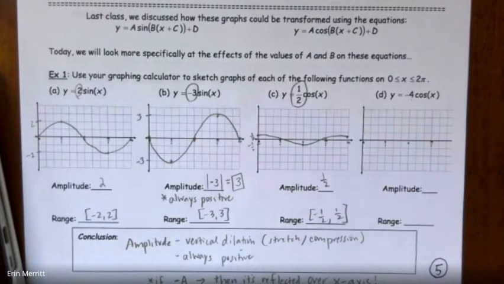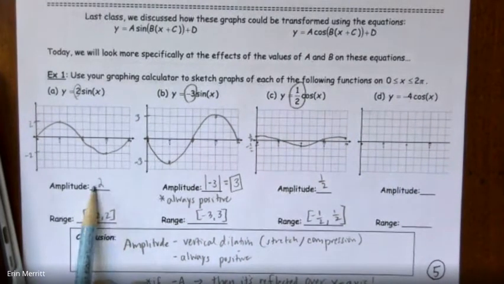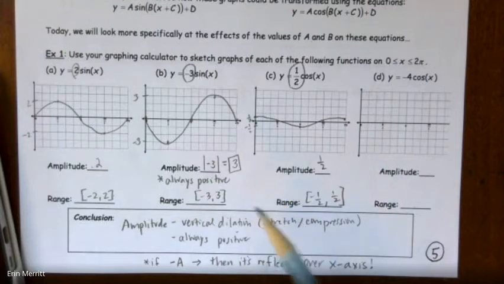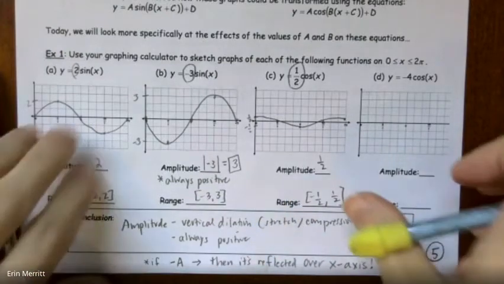As for the last piece, when the amplitude was 2, the range was -2 to 2. When the amplitude was 3, the range was -3 to 3. So the amplitude and the range are directly correlated there. All right.